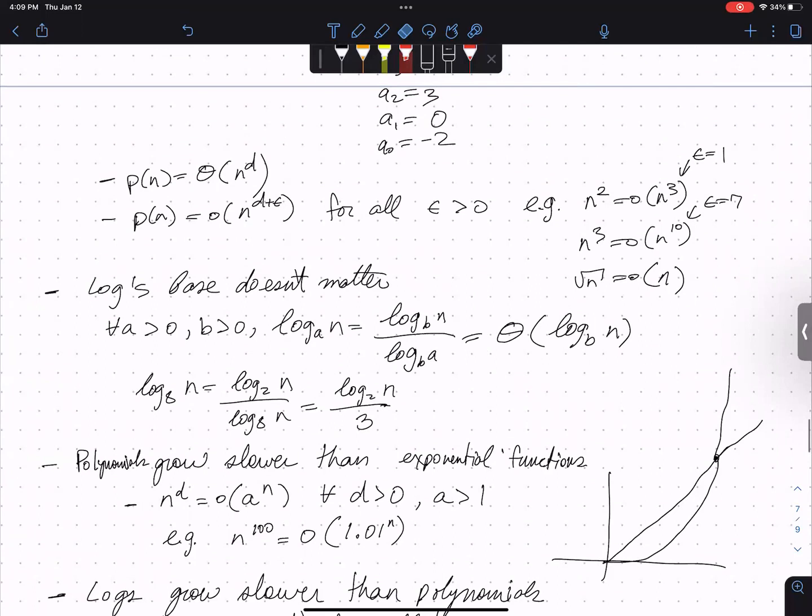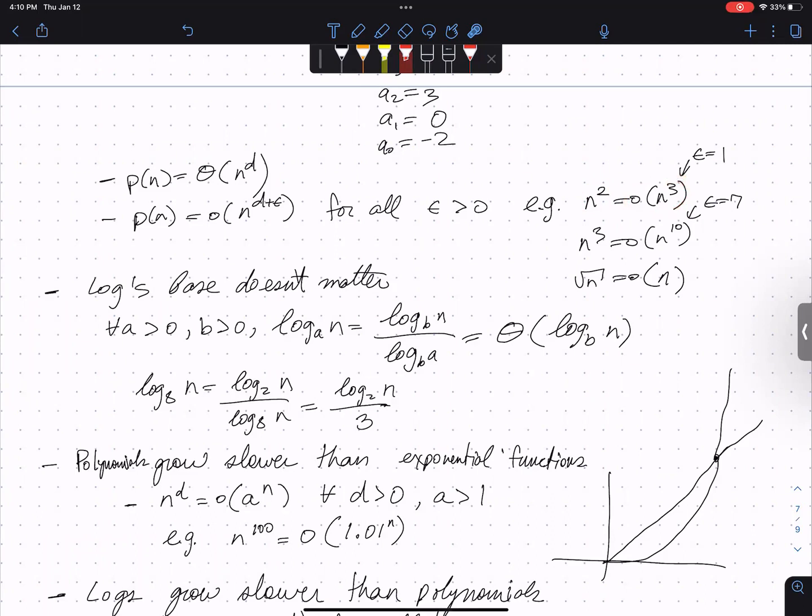The other thing I'm writing here is that n squared is the class of all polynomials of degree 2. N cubed is a separate class. So n squared is not just big O of n cubed, it's actually little o of n cubed.